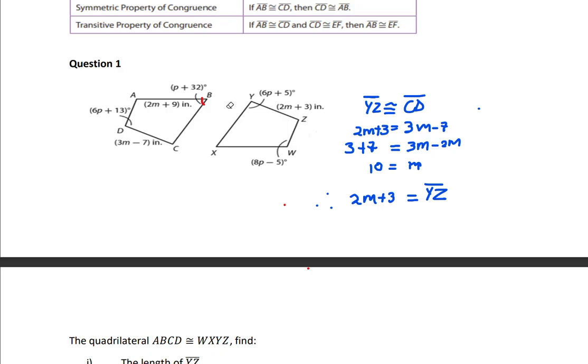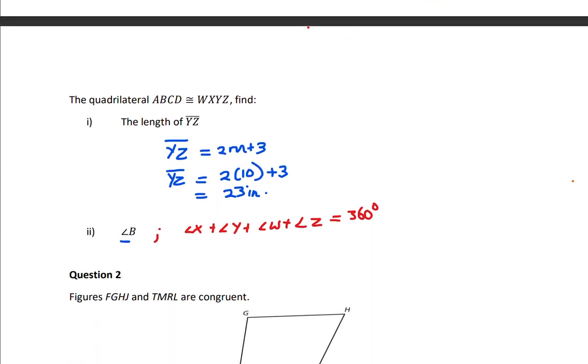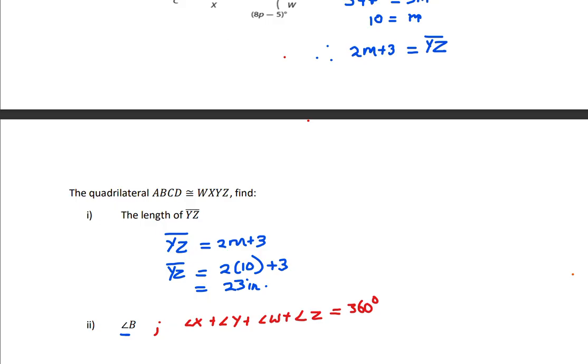What we realize from the congruency statement that we're given, which is that quadrilateral ABCD is congruent to the quadrilateral WXYZ. Based on this congruency statement, we realize that angle B will be the same as angle X based on their positioning in the congruency statement.